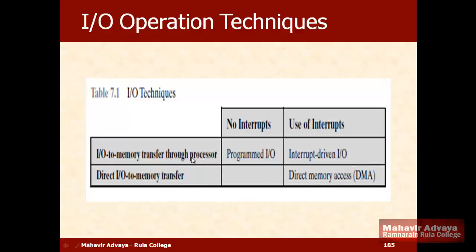When the data transfer involves the processor executing a program, that is without interrupts, whenever data is to be transferred from the hard disk to the memory, the processor executes a program and instructs the input-output module to transfer data from the hard disk to the memory. This is called programmed input-output.